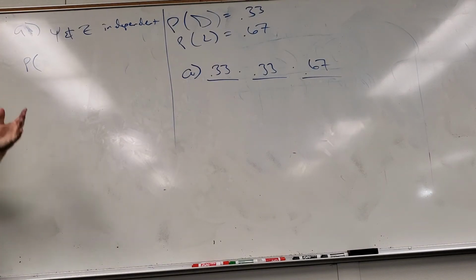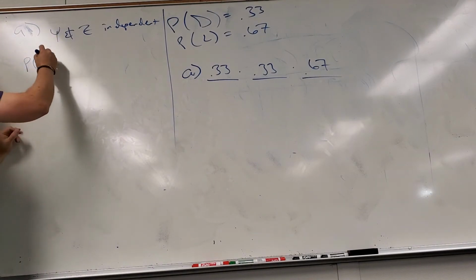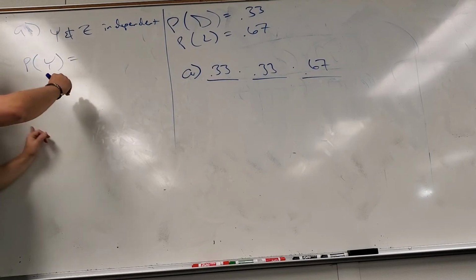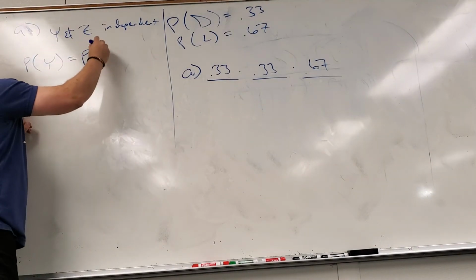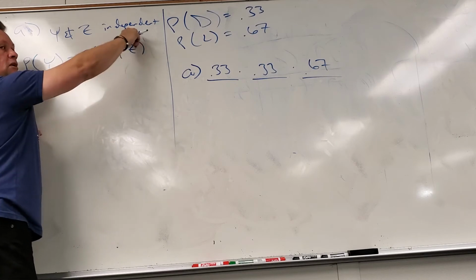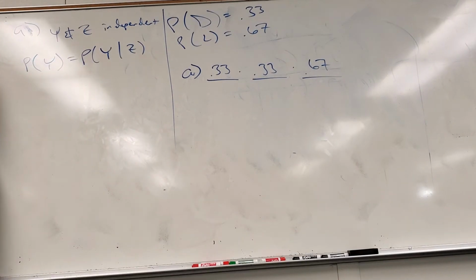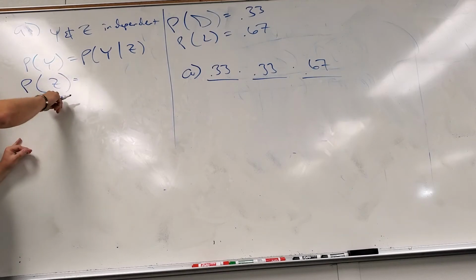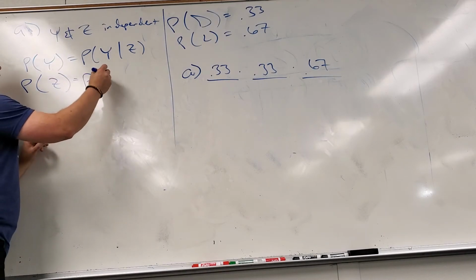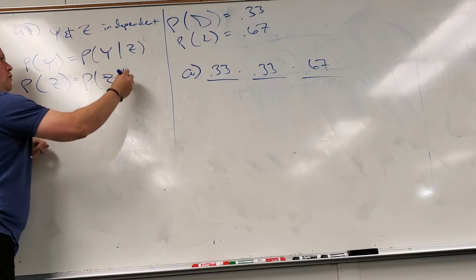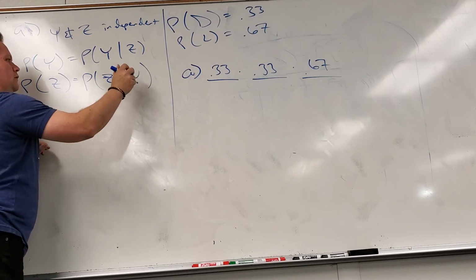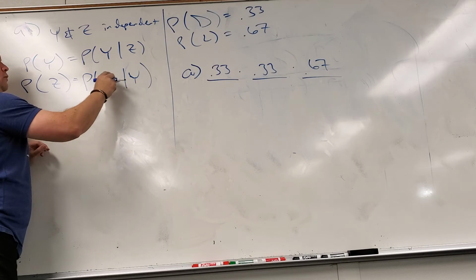The probability of Y equals the probability of Y given Z. They are independent, so one happening doesn't change the other one. Or I can write it as, what's the probability of Z then? It's the same thing as the probability of Z given Y. Poor little Y dude. Poor little Z dude. All right.